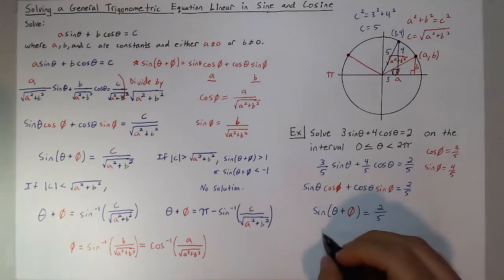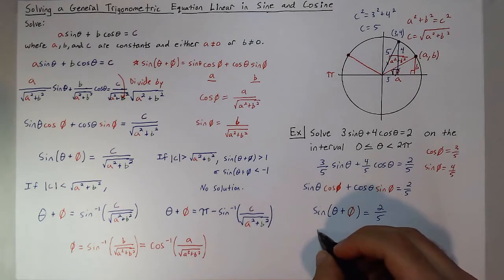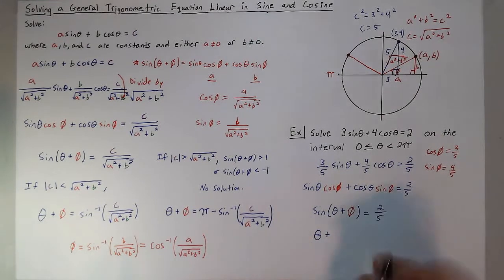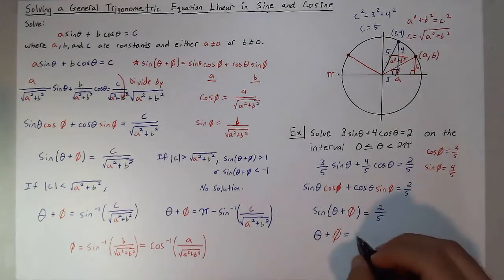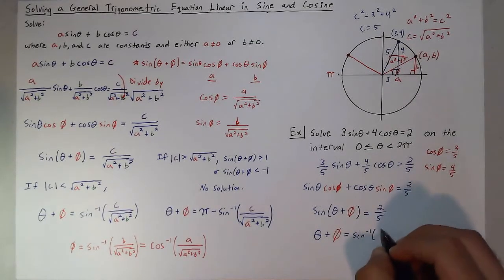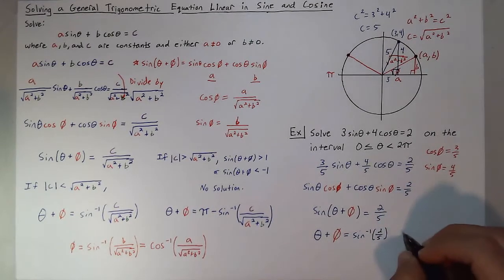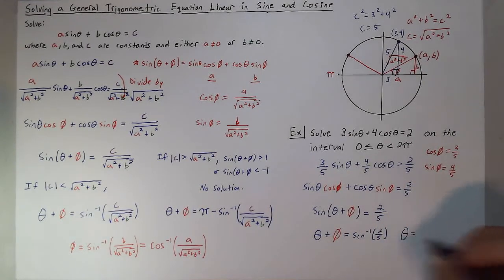Now from here, I can solve for this. I can get theta plus phi is equal to either sine inverse of 2/5, or as we discussed earlier, pi minus sine inverse of 2/5.